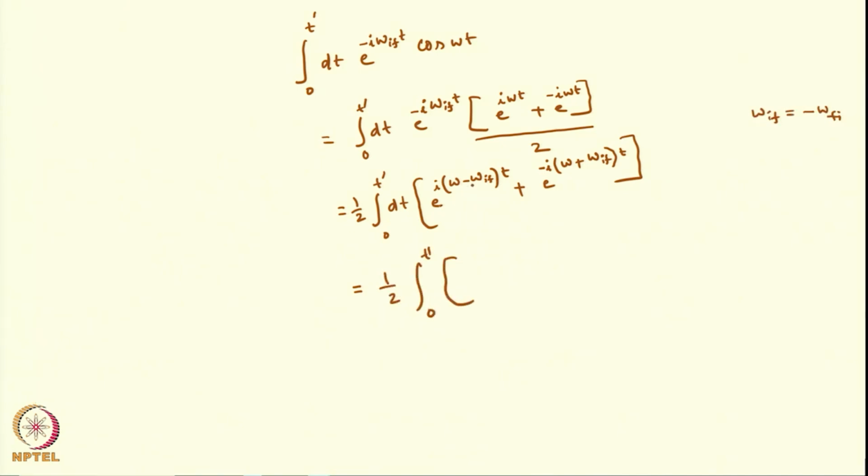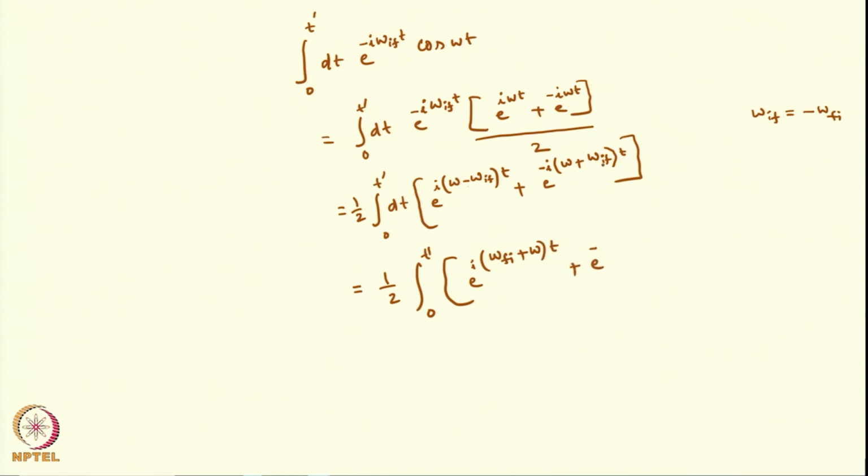So this will become e to the power of i omega fi plus omega t, plus e to the power of minus i omega fi minus omega t.